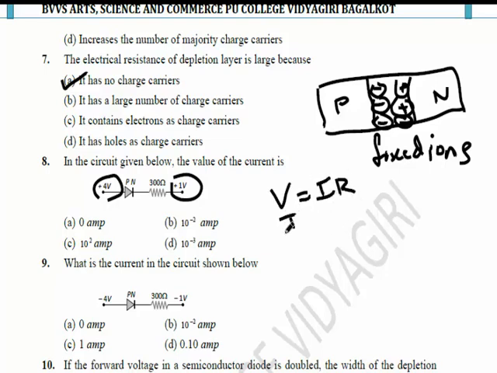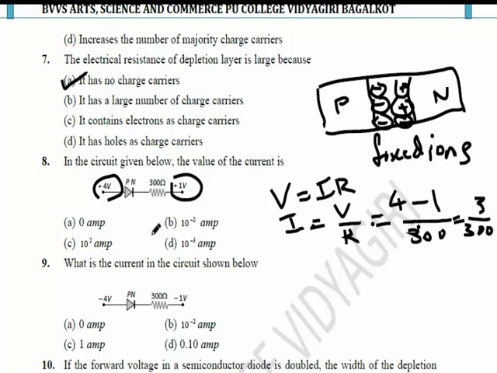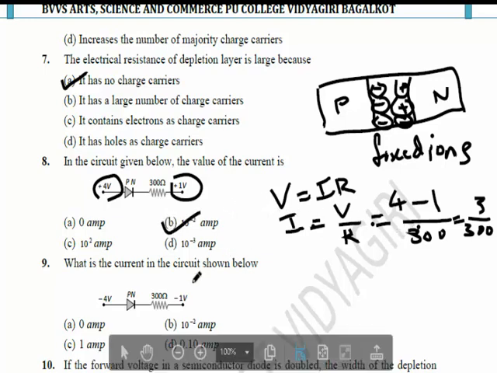So I equals V by R. The potential difference is 4 minus 1, that is 3. R is 300. So it is 3 by 300, which means 10 raised to minus 2 ampere. So the correct option is B, 10 raised to minus 2 ampere.